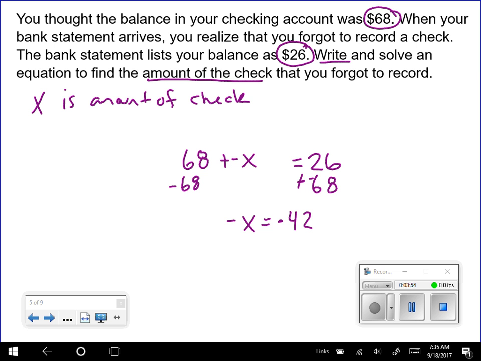We have more negatives. So some of you might be tempted to say, okay, my answer is negative 42, but I want you to think, if we're talking about a check you wrote, would that ever be negative? So remember, one step we have to do here is divide by -1, because there's that pretend 1 out in front. So x would be equal to 42. So our check would be worth $42. So that's where the does this make sense and the answer come into play.